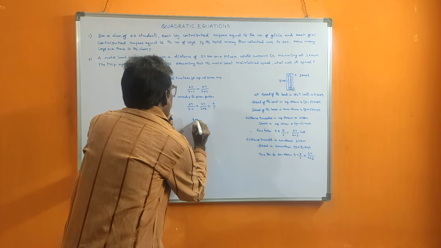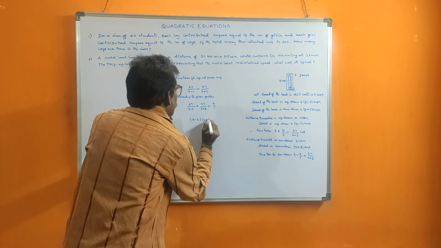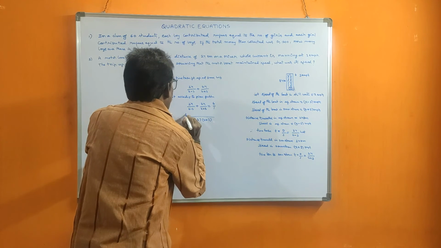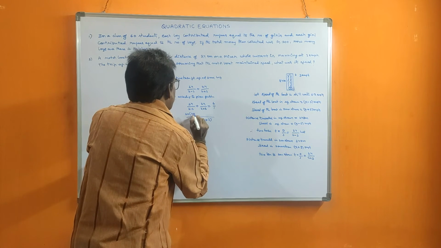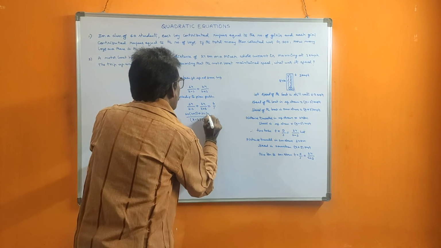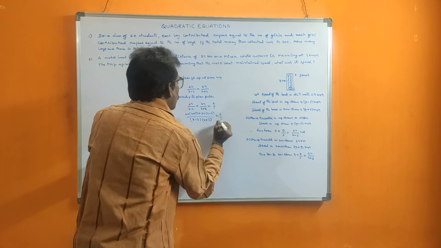Now take the LCM, x minus 3 into x plus 3. Now x minus 3 cancels, so 24 into x plus 3, and x plus 3 cancels, so 24 into x minus 3, is equal to 6 by 1.